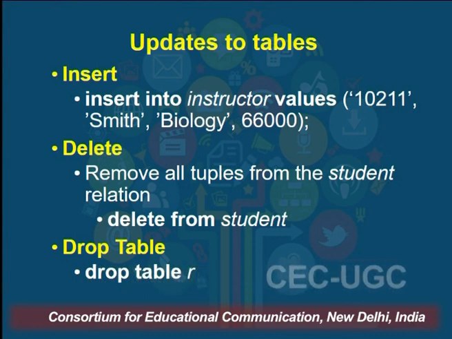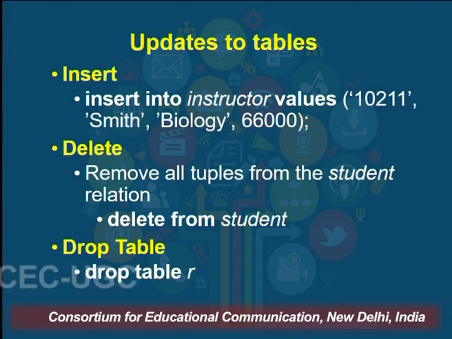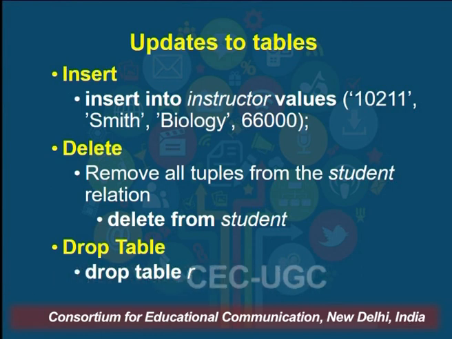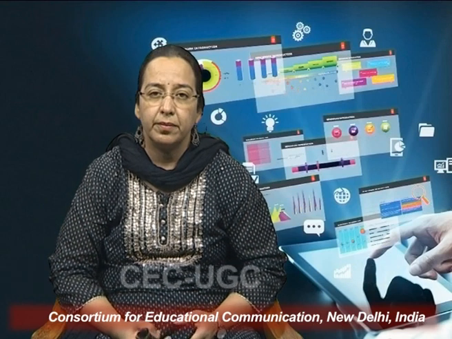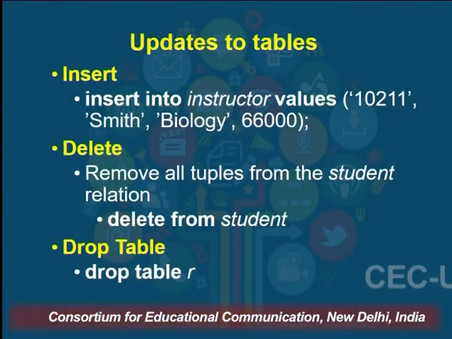Now if we want to delete a tuple from a particular table, that will be taken in our upcoming slides. Presently, if we want to remove all the tuples from a relation, let us say student or instructor, we write delete from the table name, that is, delete from student or delete from instructor.